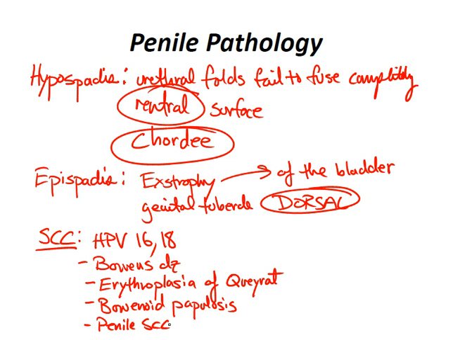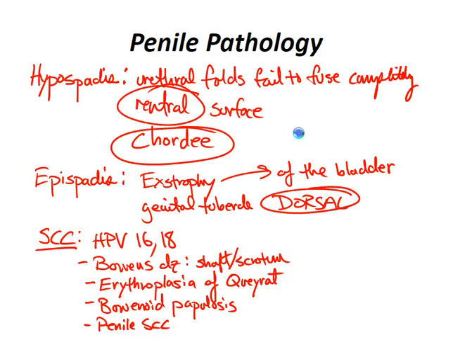Alright, so what is Bowen's disease? It's carcinoma in situ that may invade. It presents as a single erythematous plaque on the shaft of the penis or the scrotum. Alright, and it usually affects men greater than 40.